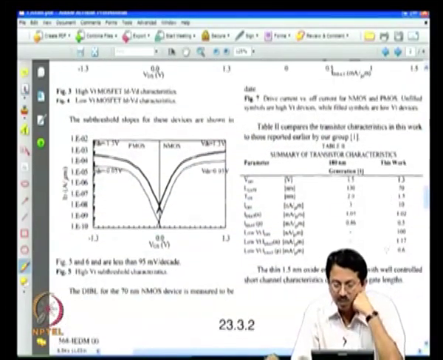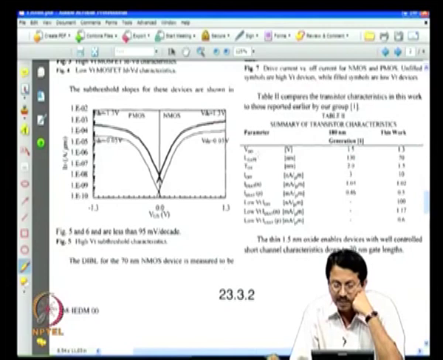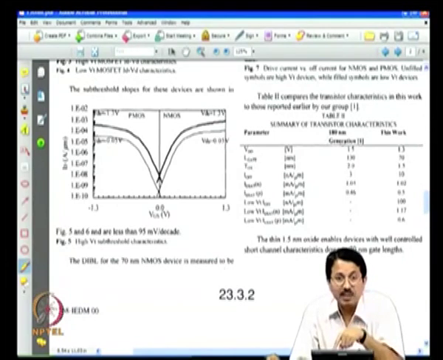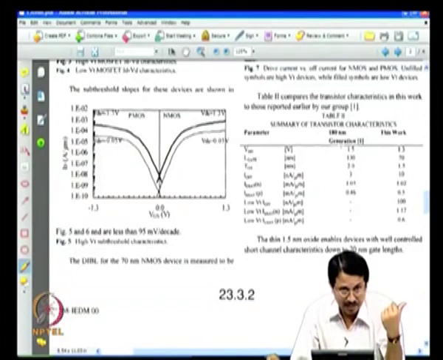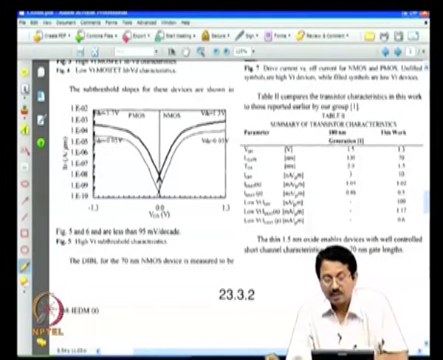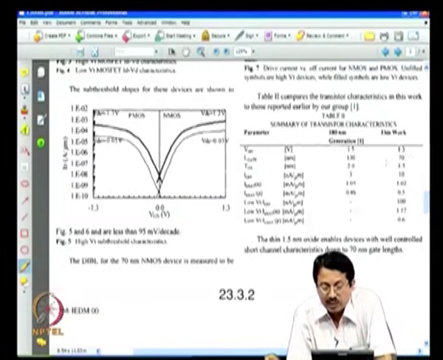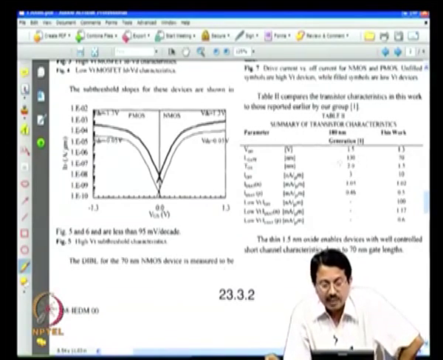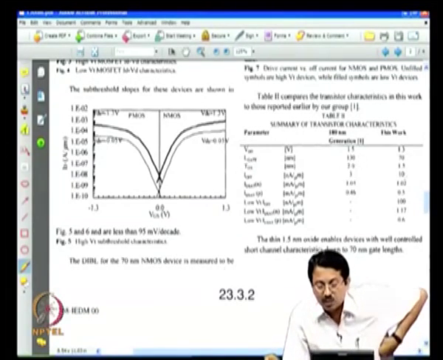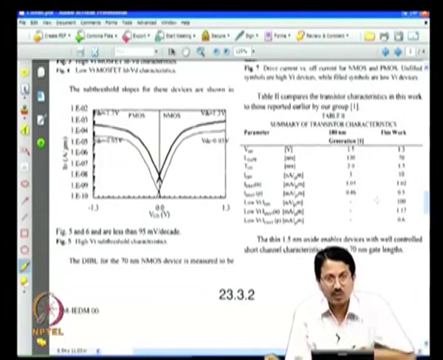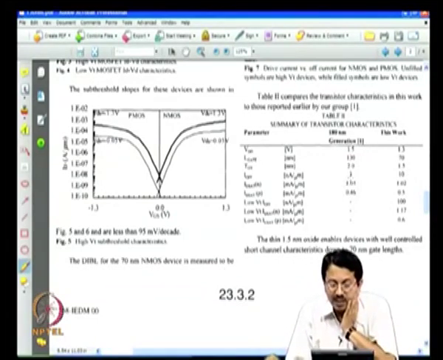These are some important metrics such as VDD, gate length, oxide thickness. They are comparing the 180 nanometer generation, which is a previous paper that we discussed, and this generation. Supply voltage from 1.5 to 1.3, gate length from 130 to 70, oxide thickness from 2 nanometer to 1.5 nanometer, and so on and so forth. You see off current has increased a little bit from 3 to 10 nanoampere per micron.